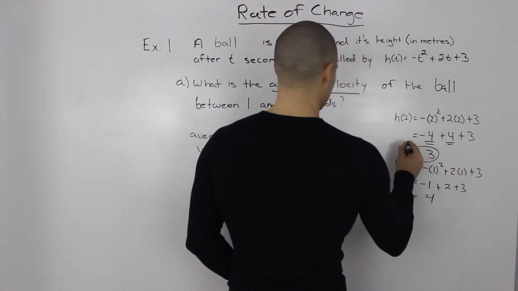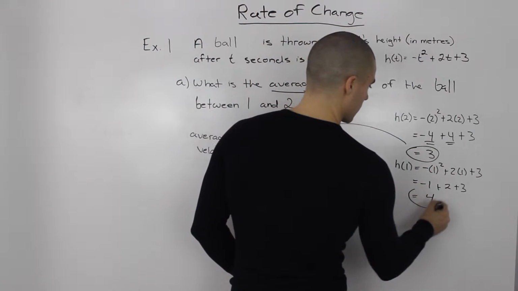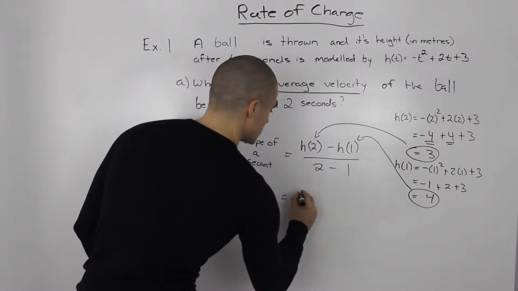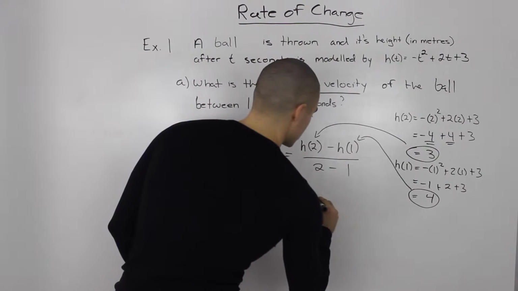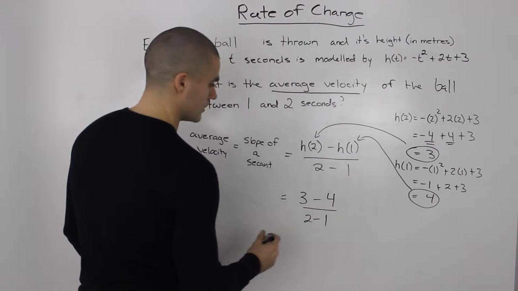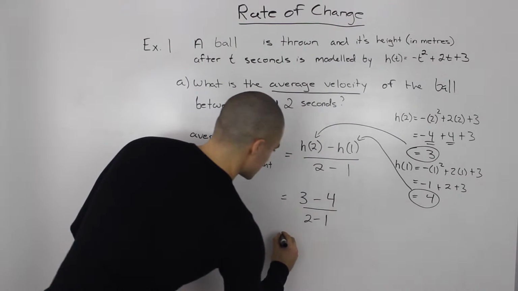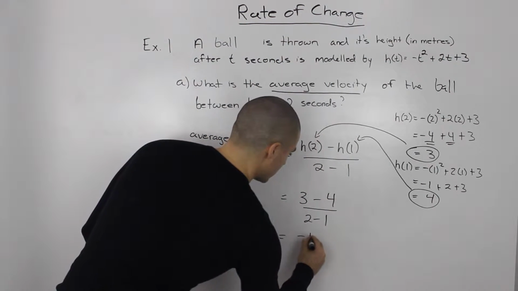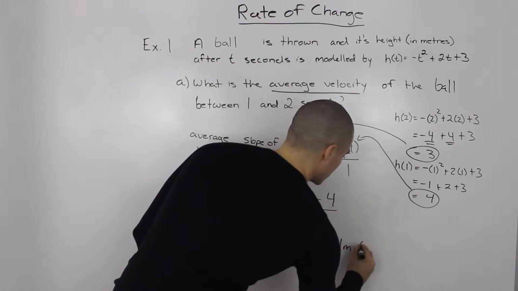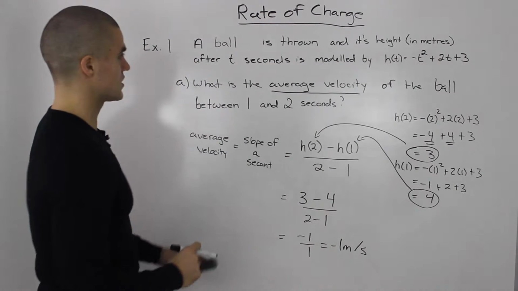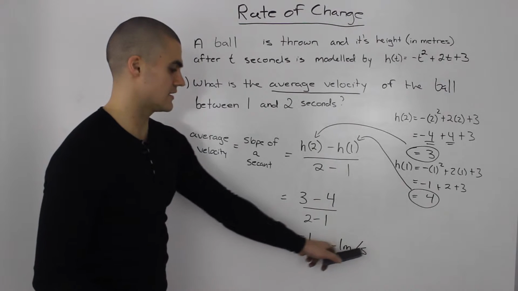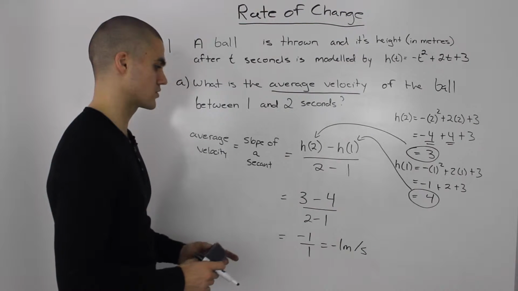So plugging these values back into our average velocity formula, h of 2 is 3, h of 1 is 4, over 2 minus 1, which is equal to 3 minus 4 is negative 1, 2 minus 1 is 1, so the answer is just negative 1 meter per second. So that means between 1 and 2 seconds, the average velocity of the ball is negative 1 meter per second.